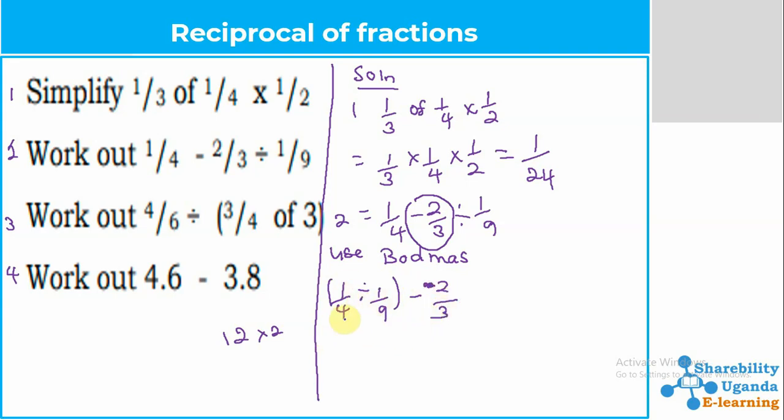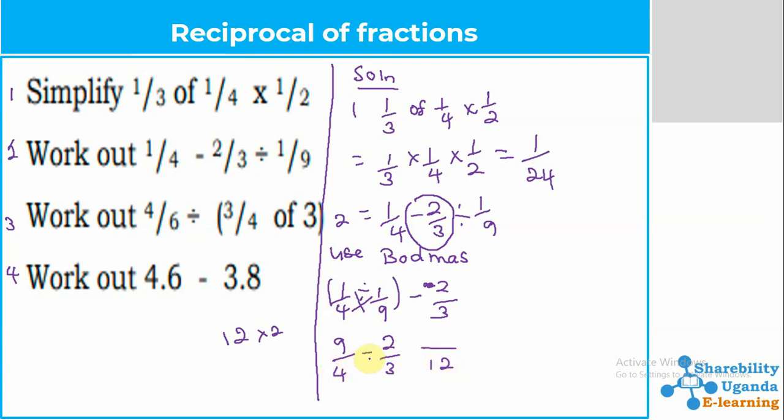Here we get the reciprocal, or the cross multiplication, and this is going to be the same as 9 out of 4 minus 2 out of 3. We get our lowest common multiple as 12.